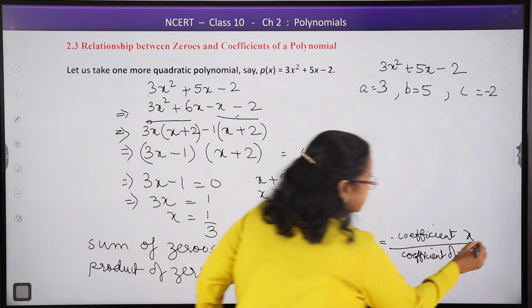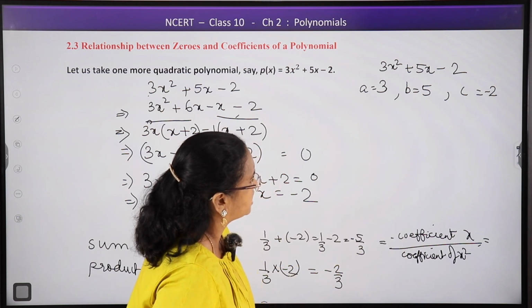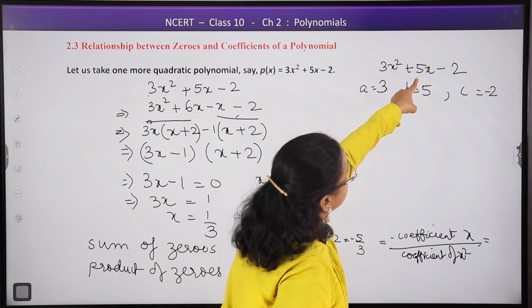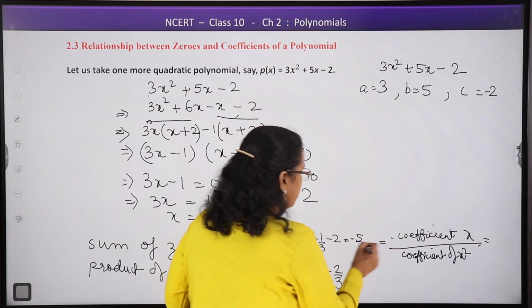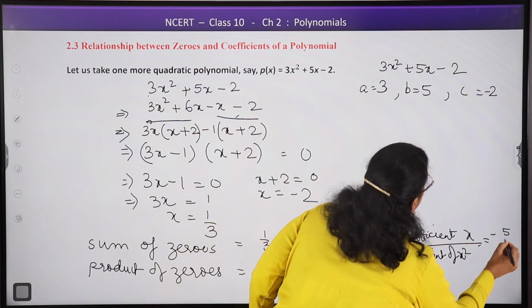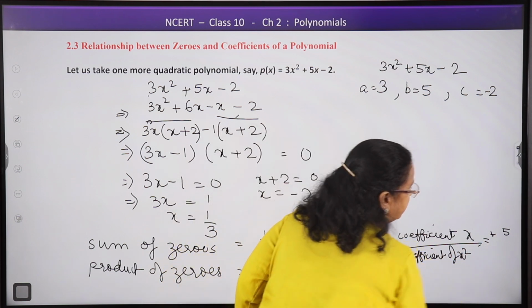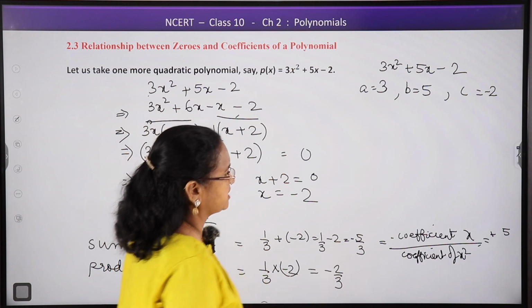So what is minus coefficient of x, children? Coefficient of x is 5. Minus coefficient of x is minus 5. So minus of minus 5 becomes plus 5, isn't it?